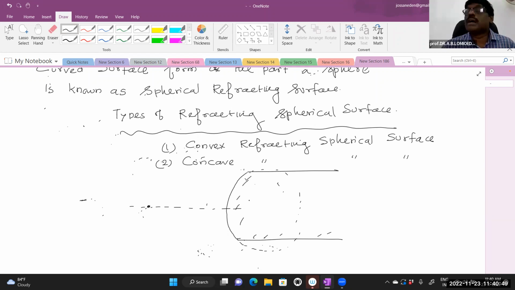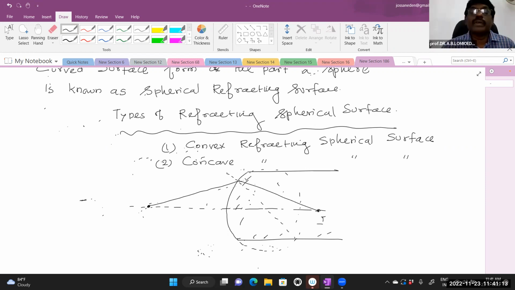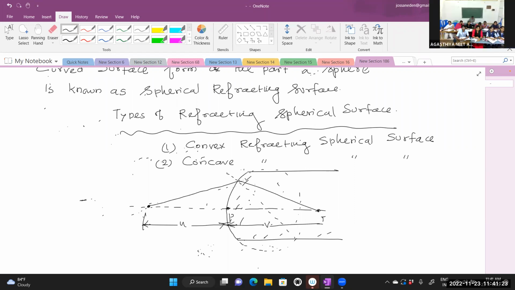Consider this is a point object. From here, the incident ray is incident on the convex spherical surface. After that, it will be converged. Image will be produced here. This is the pole. The distance from this point is u. This one is v.